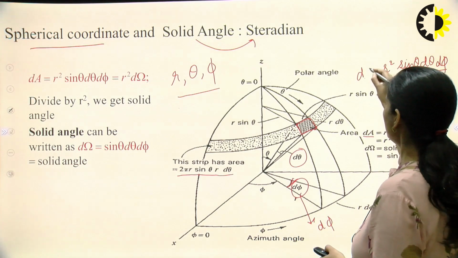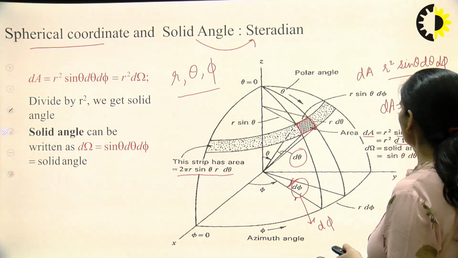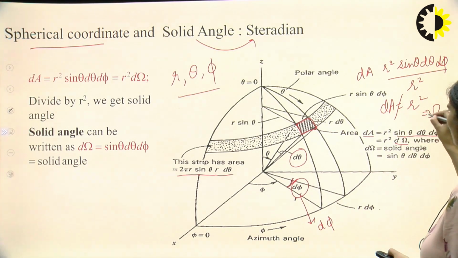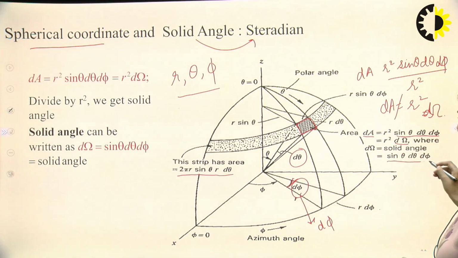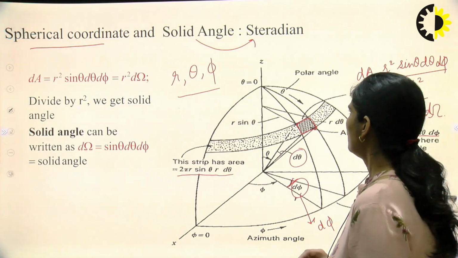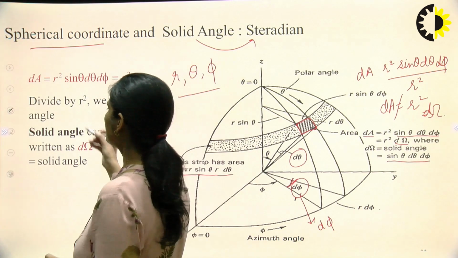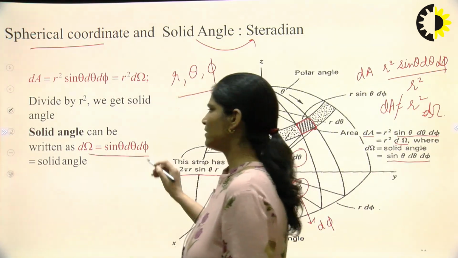If you divide dA by r square, you will get d omega. That is equal to the solid angle, represented as sine theta d theta d phi. So this is the way you can calculate solid angle.